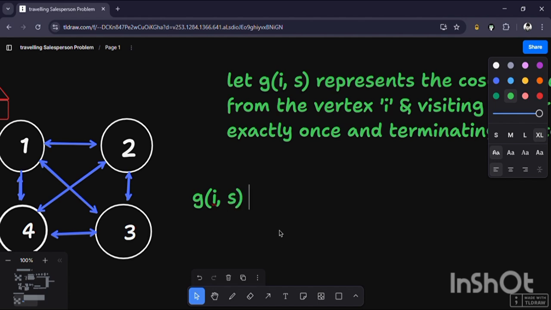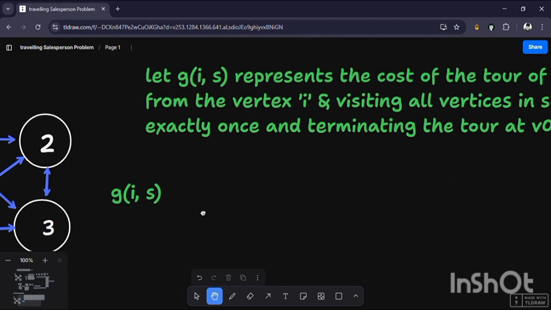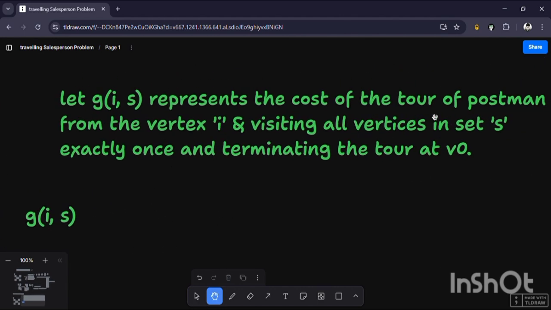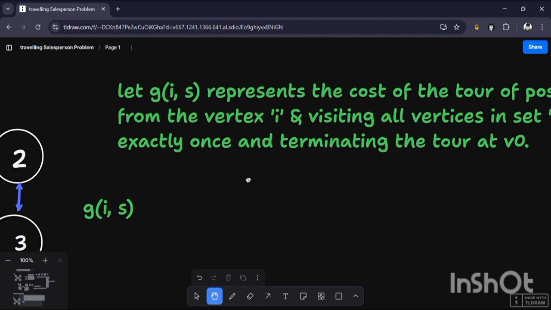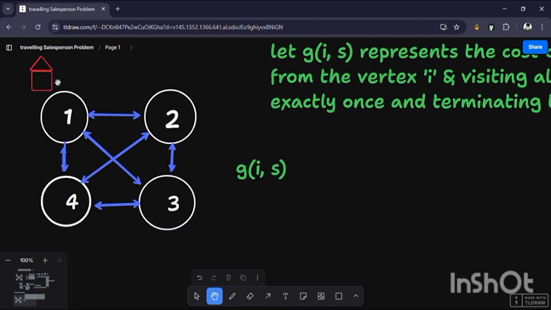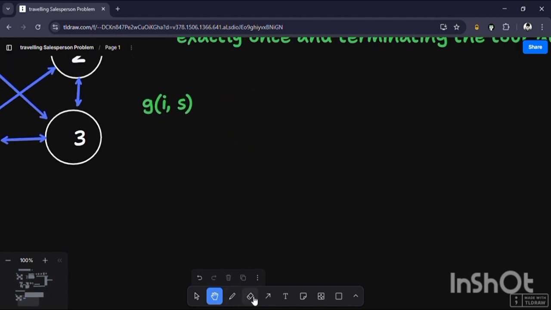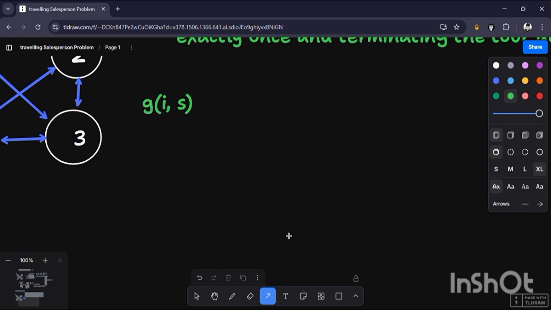What will be the initial values of I and S? I is the starting vertex, the vertex where our post office is present, and it represents the cost of the tour of the postman from the vertex I. So the initial value of I will be 1.